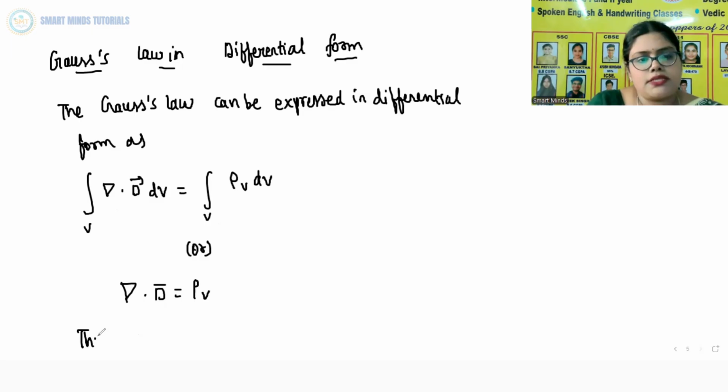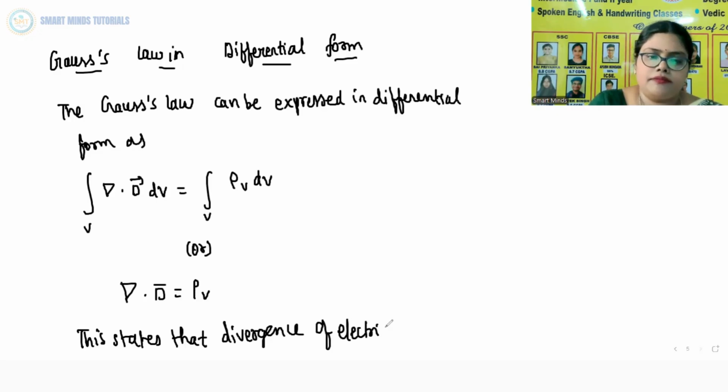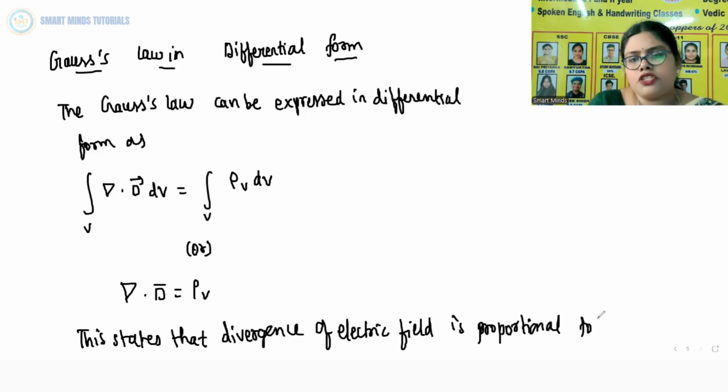So what does this state? This states that divergence of electric field is proportional to the charge at that point.